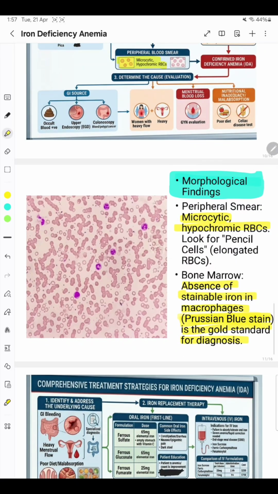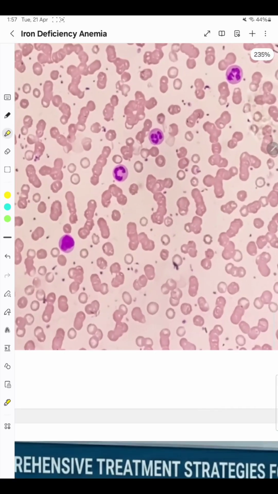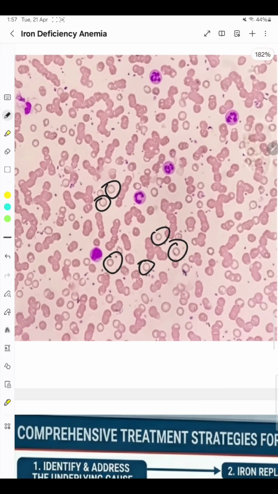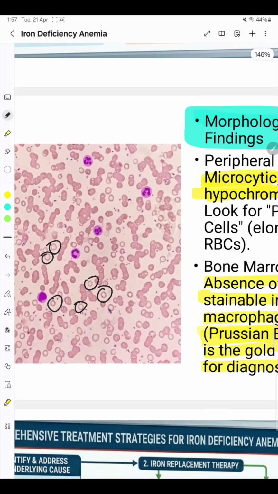On morphological examination, peripheral smear shows microcytic hypochromic cells. Like these are the microcytic hypochromic cells, smaller in size with increased pallor. These are the microcytic hypochromic cells.